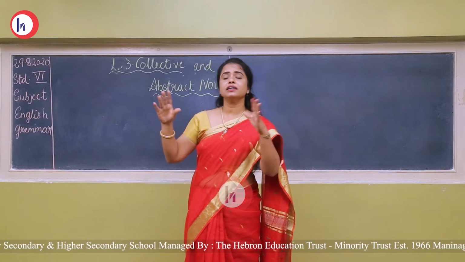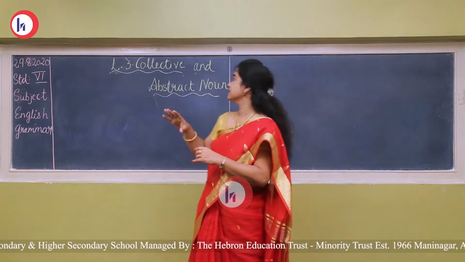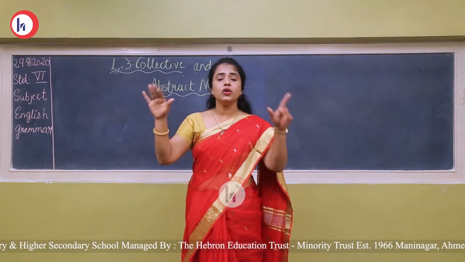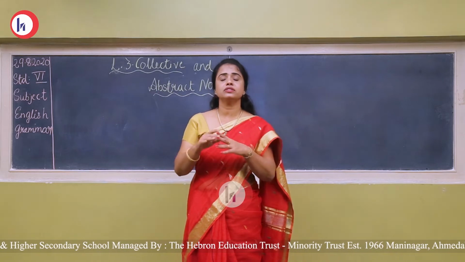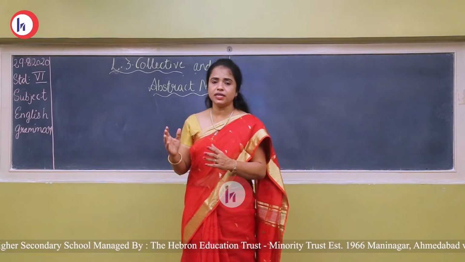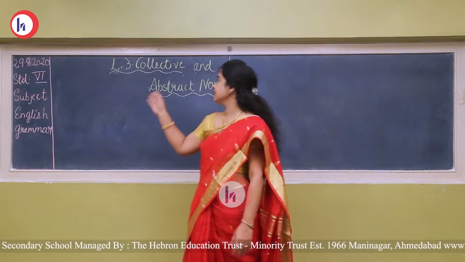So these all are one specific group which is being described. It is known as a collective. It's a collection of one particular noun, a lot many. The number has increased. The collection of one particular noun is known as collective noun. It can be a person, place, animal or thing.